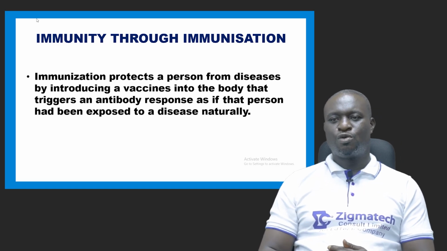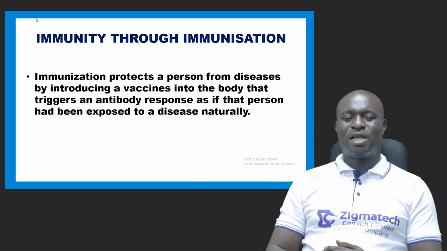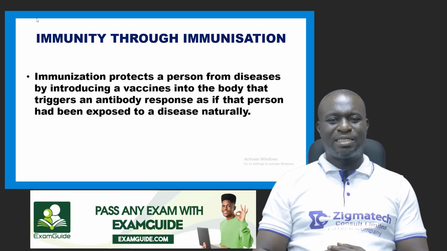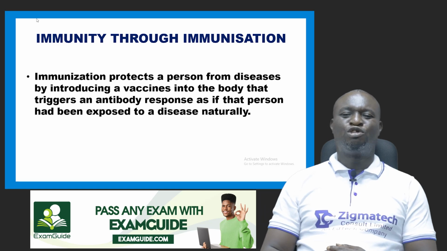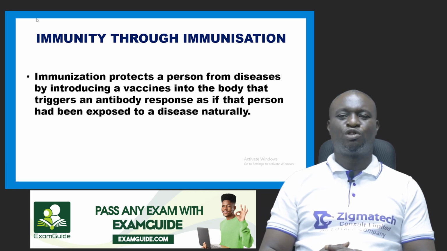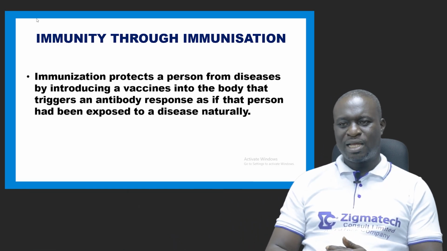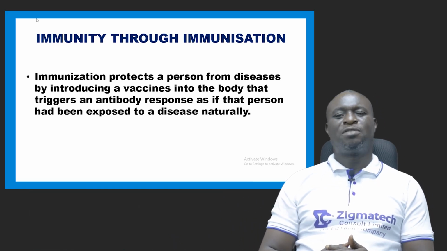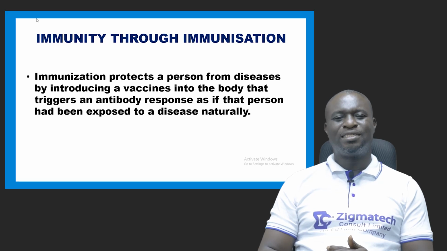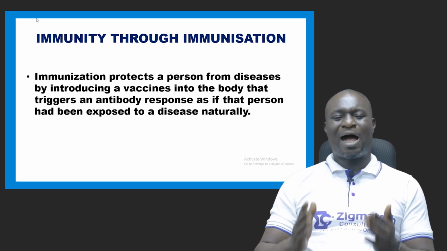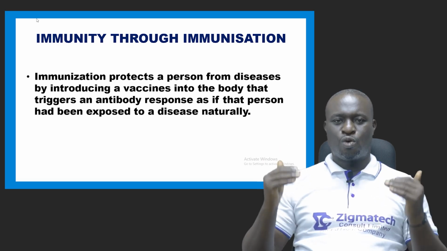Immunity through immunization. Now, immunization, take note of this, protects a person from diseases by actually introducing a vaccine into the body that triggers an antibody response, as if that person had been exposed to a disease naturally. So what we're just trying to say is how immunization works.